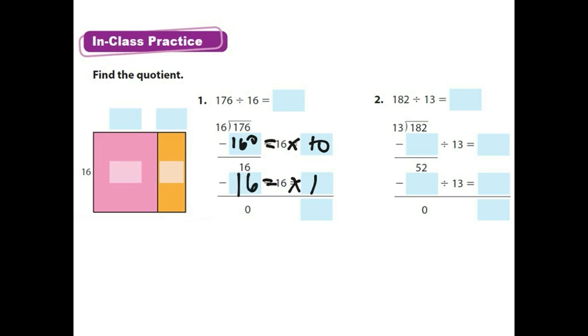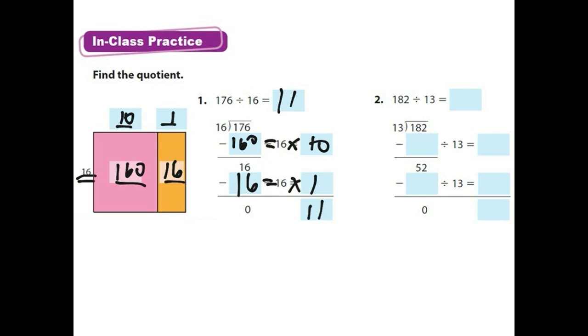They get 0. So we've got 11. So they do 10 by 16 to get 160, 1 by 16 to get 16.